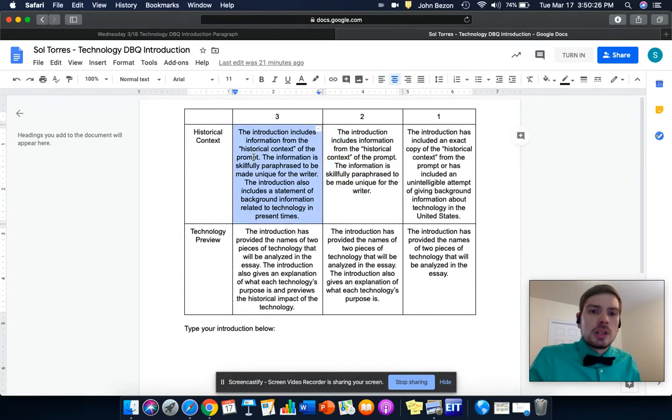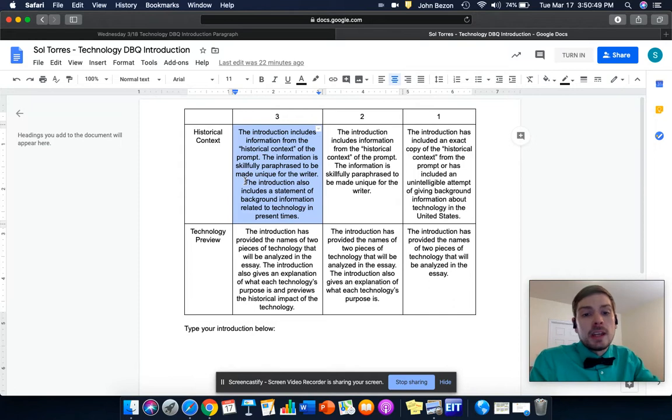So let's just take a look at what it takes to get a 3 on this rubric. Historical context. The introduction includes information from the historical context of the prompt. The information is skillfully paraphrased to be made unique for the writer. The introduction also includes a statement of background information related to technology in present times. So you got to say, how is this technology still important today?